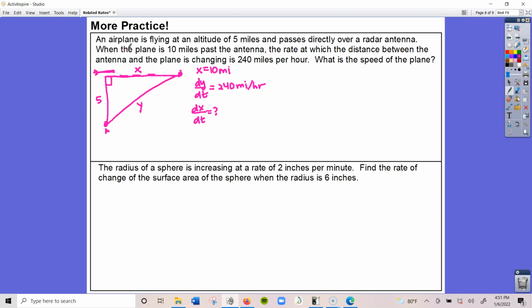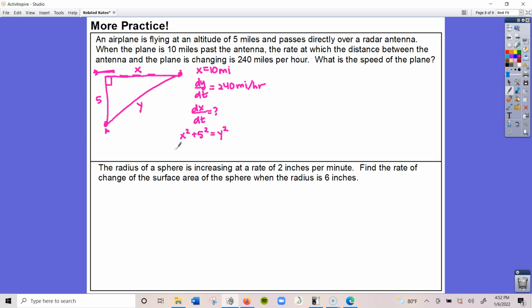Because this creates a right triangle, we're going to use the Pythagorean theorem once again. But now here, we're not given the hypotenuse, we're given one of the side lengths. So this is the only constant. X and y are always changing. So my equation is going to be x squared plus 5 squared is equal to y squared.